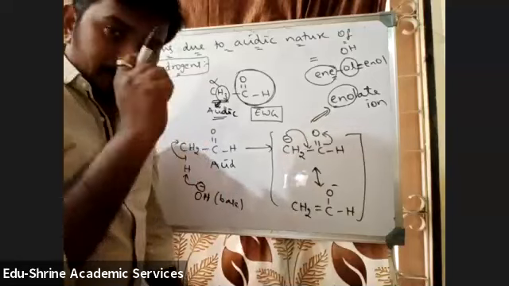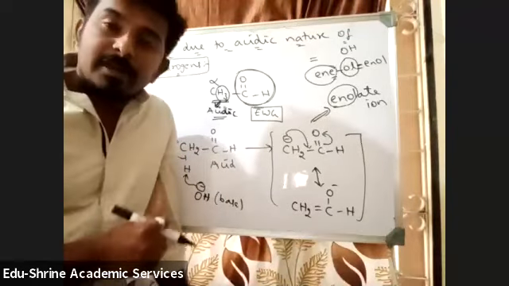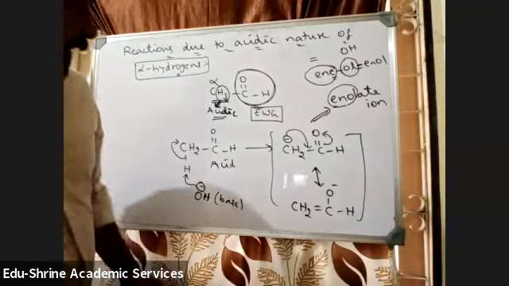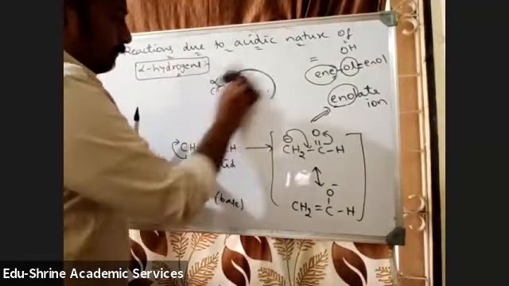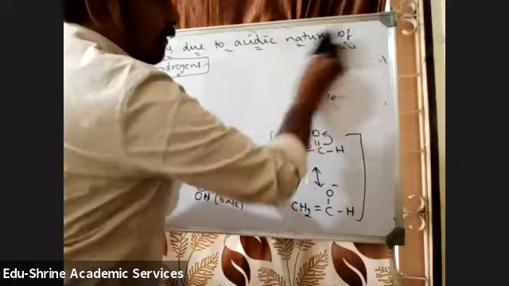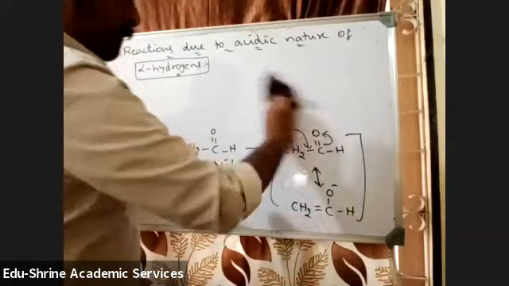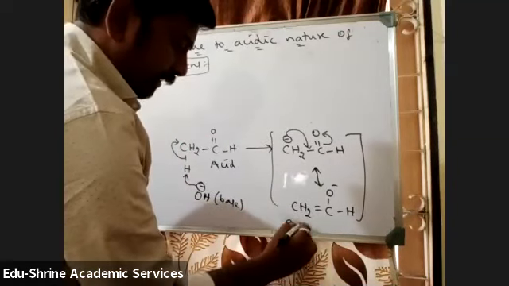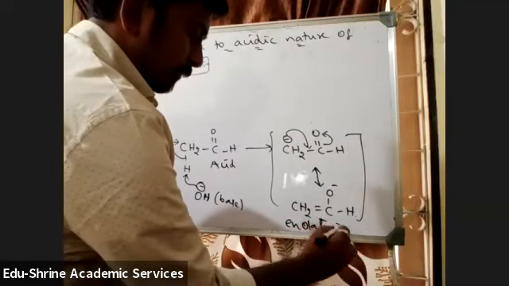That's why aldehydes and ketones are acidic. You can write down this reaction, and write one theory point on this. This is called the enolate ion. Below you can write enolate ion.